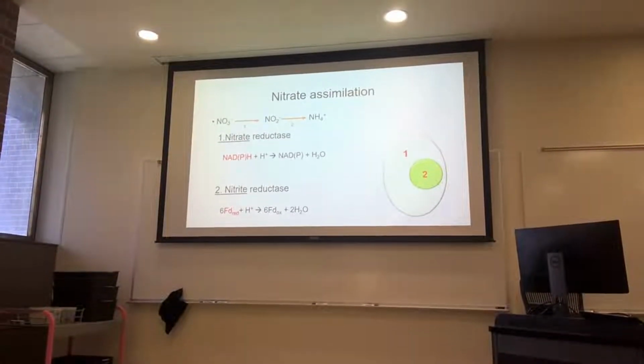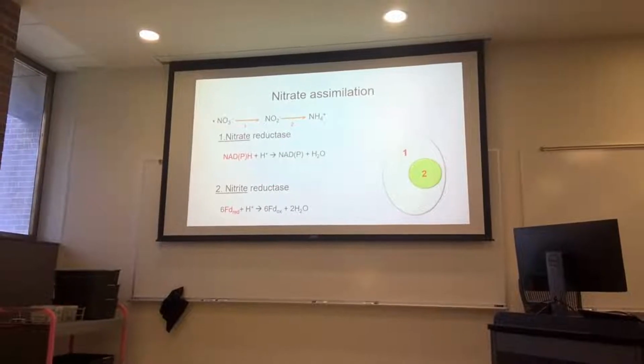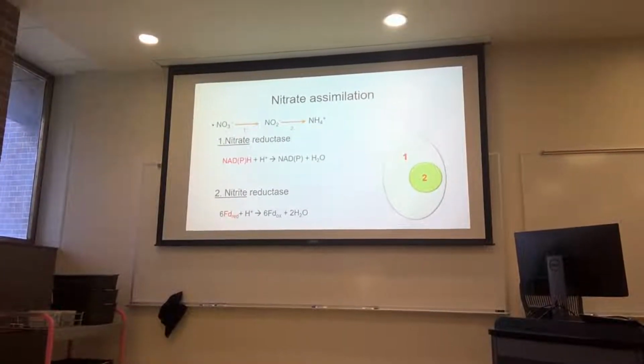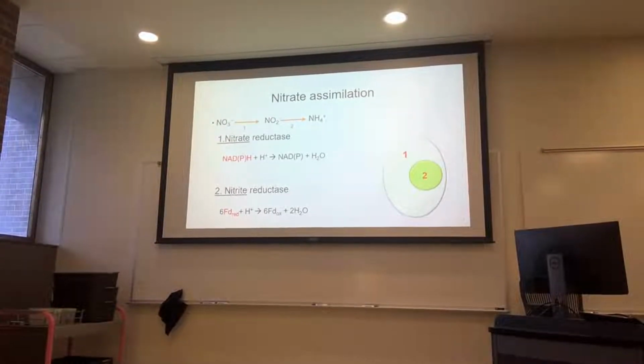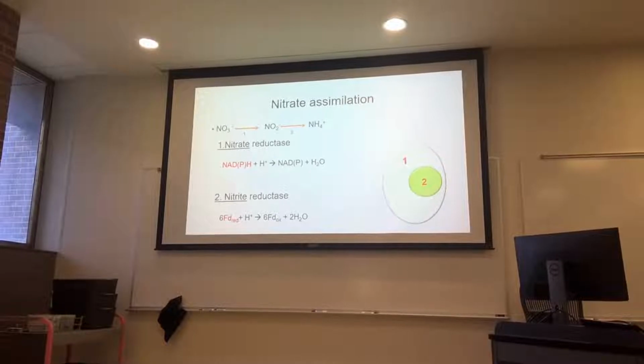I don't need you to remember any of these formulas. Just we're reducing, and if you remember NADH or NADPH is a high energy molecule. So clearly you're using a lot of energy to reduce nitrate into nitrite.